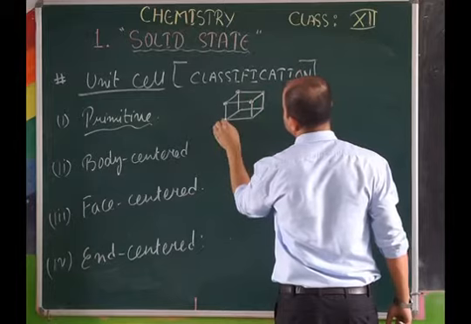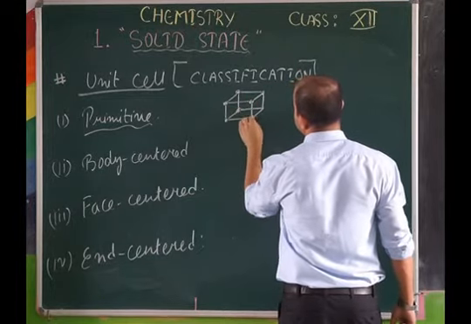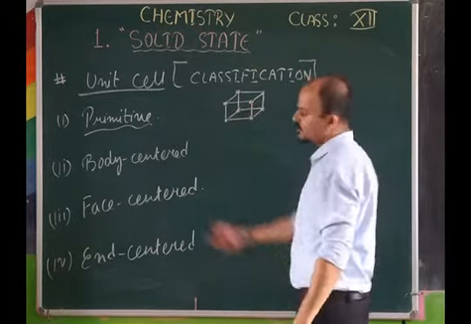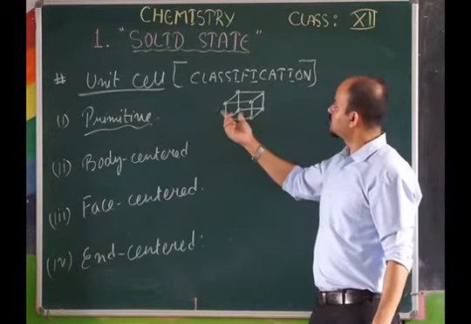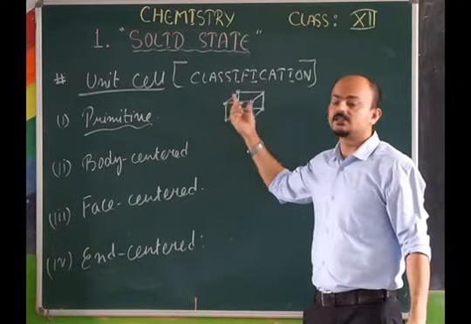So here, how many corners are present? Here, 8 corners are present. Therefore, in primitive, you have the constituent particles present only at the corners.